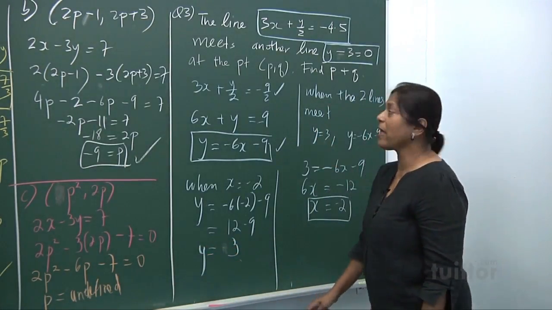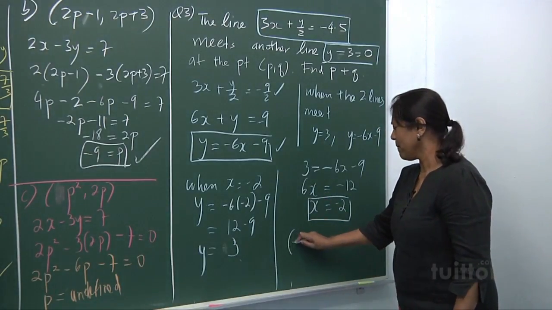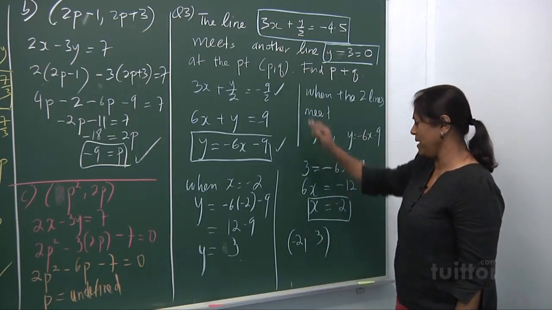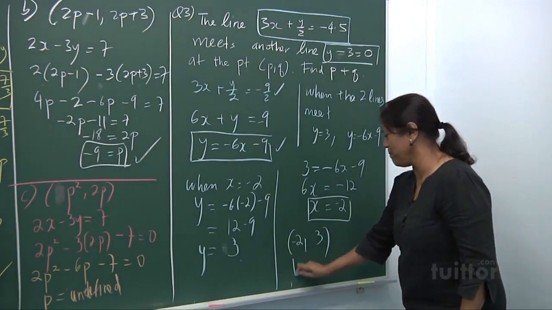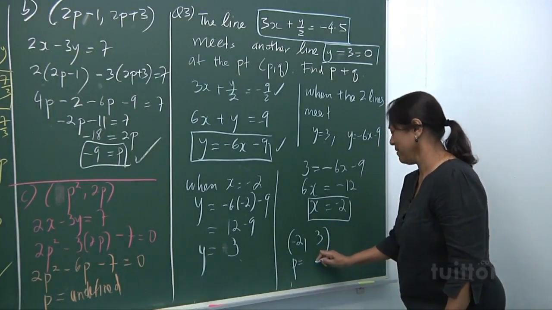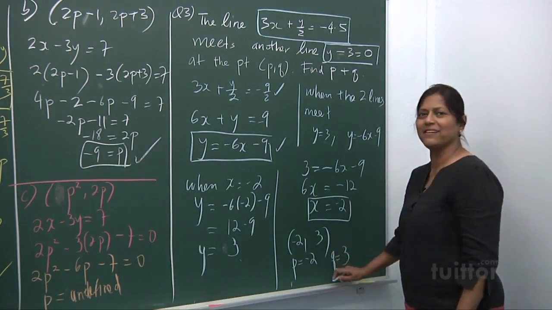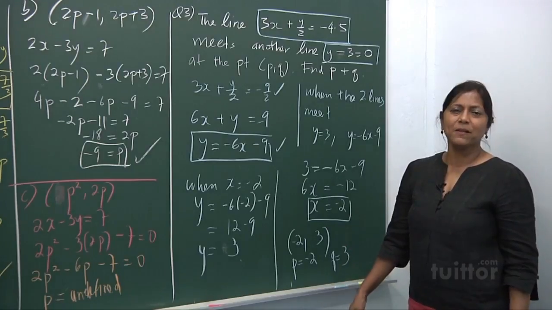Right? So therefore, these two graphs meet at the point minus 2 and 3. But they call it P and Q. So we said that's P. Your P is your x, which is minus 2. And your Q is 3. Right? So that's how you solve simple equations.